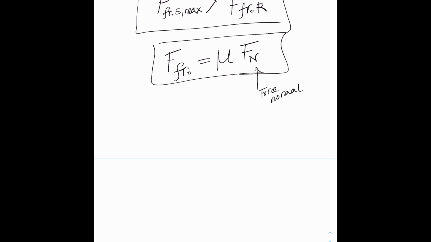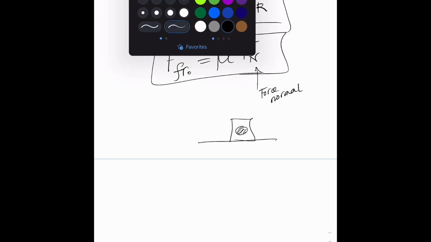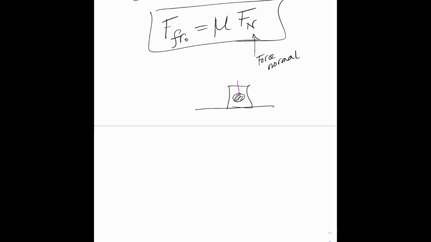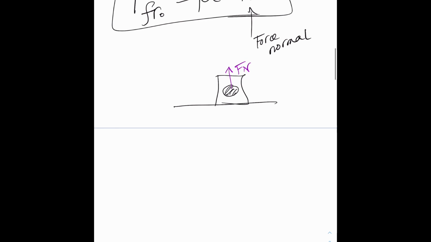And this is the reactionary force from the surface directed perpendicular to the surface, right? So if I had an object sitting here, we know that force normal points normal to the surface, 90 degrees to the surface, so points like that. And it's reactionary.